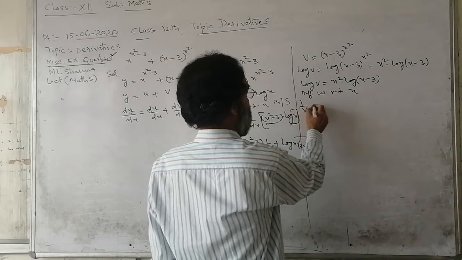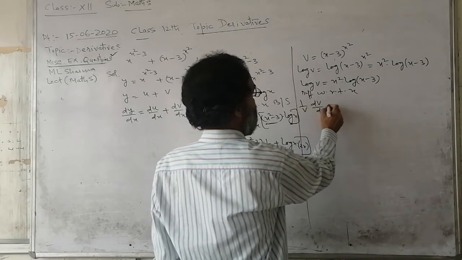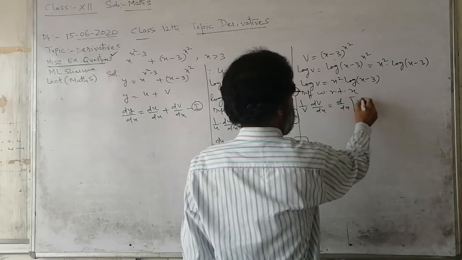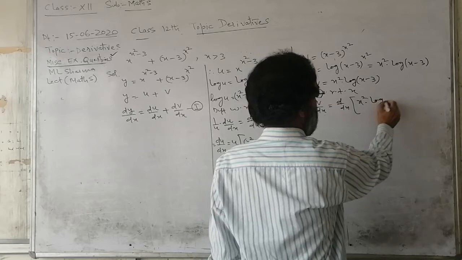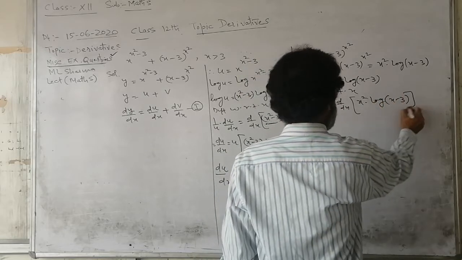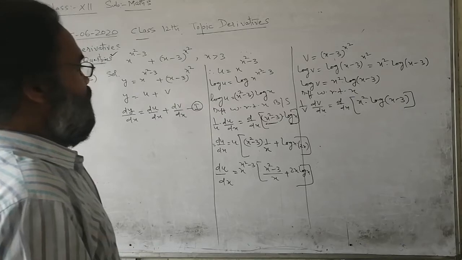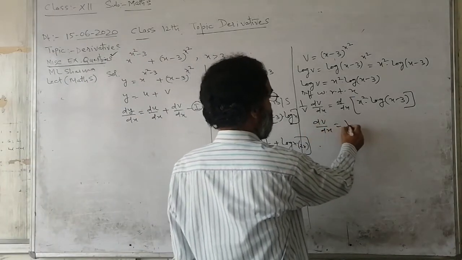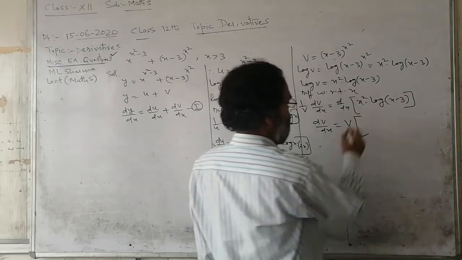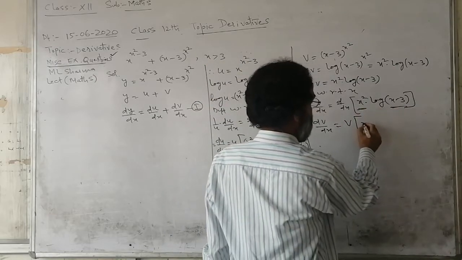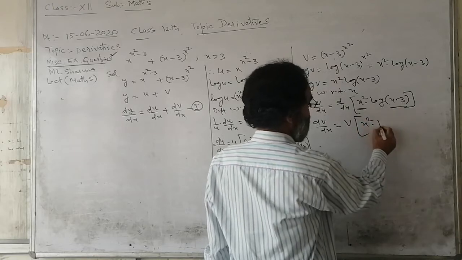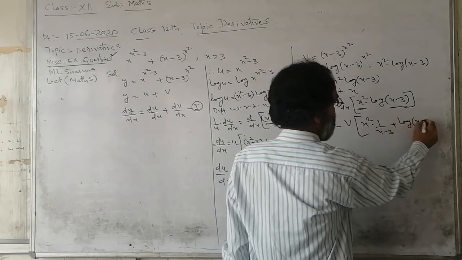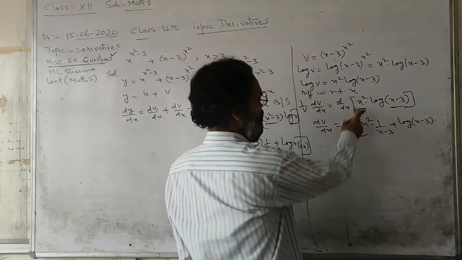This will be 1 upon y dv upon dx. This is equal to d upon dx of x square log of x minus 3. So here dv upon dx equals v times its derivative, again by the product rule: first function into derivative of second, plus second into derivative of first.